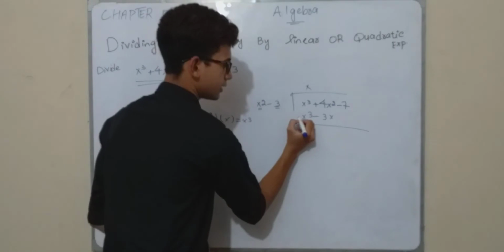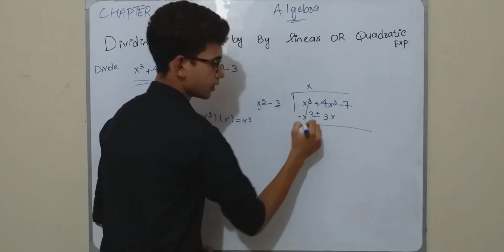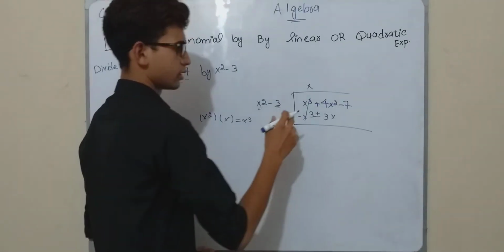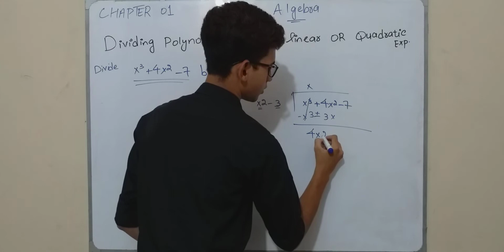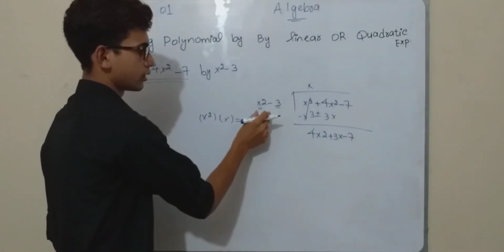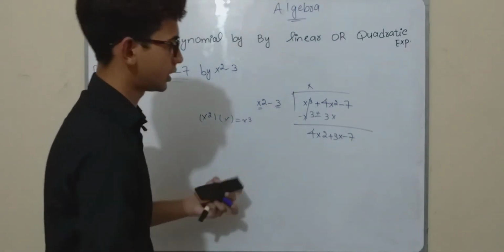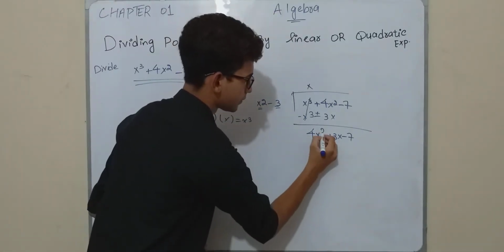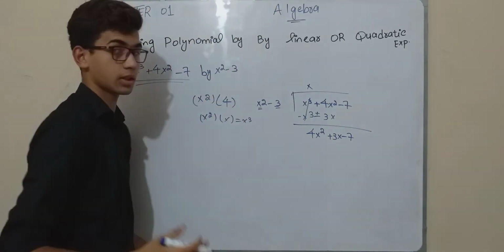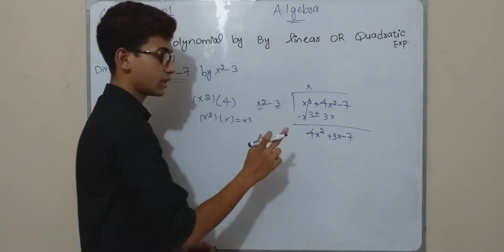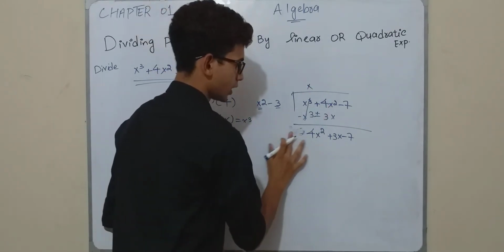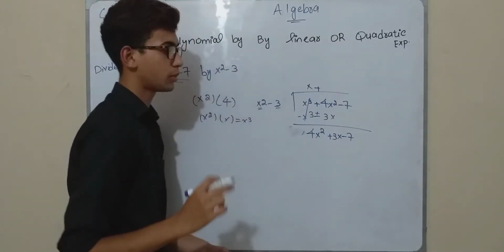So changing the signs, the very first variables are cancelled, but the remaining are 4x square plus 3x minus 7. Now I need to multiply this expression with that certain number so that it becomes equal. Now I need to multiply the x square simply by 4 and it becomes equal to it. Must remember here the sign which is here you need to put here. So here is positive, I'm going to write positive here.